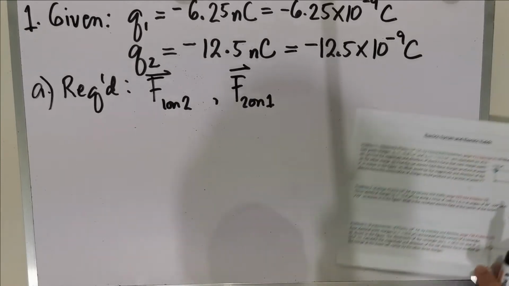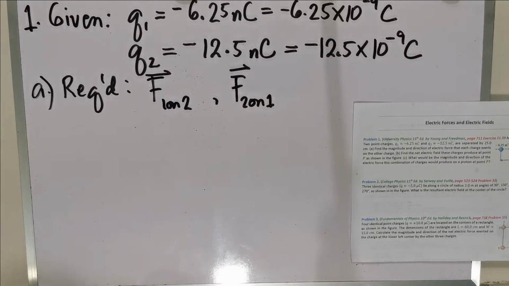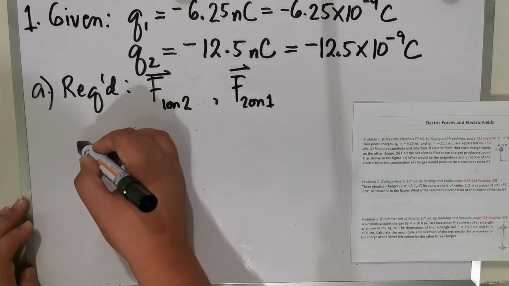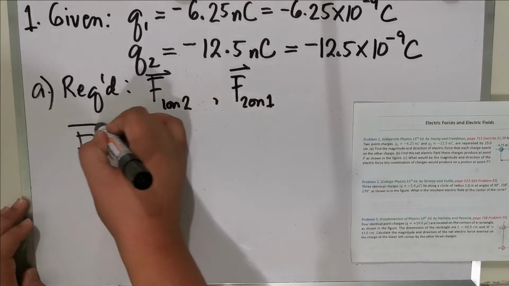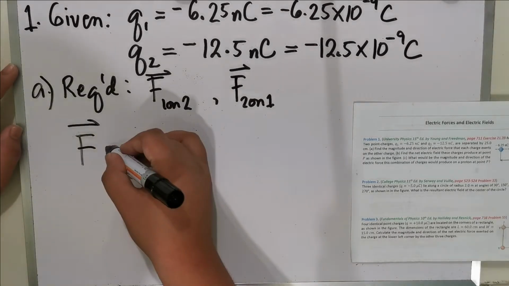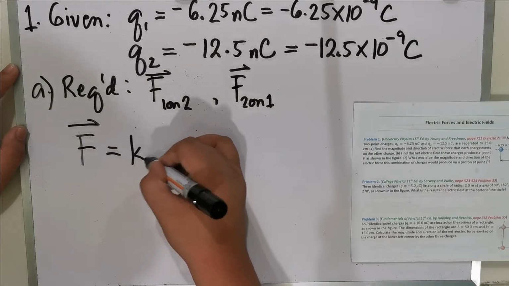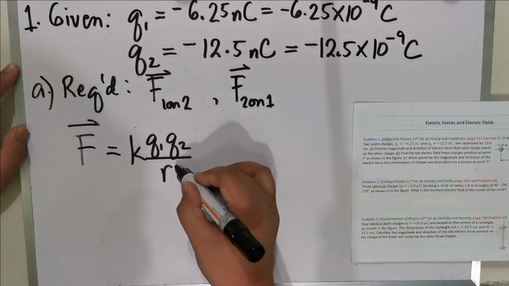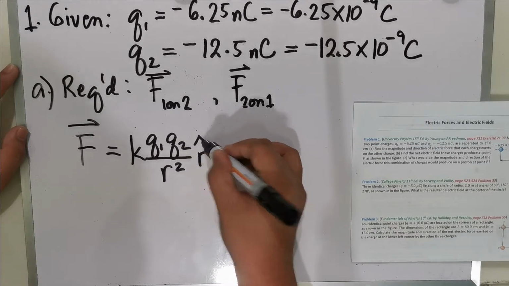Now, the interaction between the two charges Q1 and Q2 is summarized by Coulomb's law. According to Coulomb's law, the force that each charge exerts on the other is given by the equation F equals k Q1 Q2 over r squared, r hat.